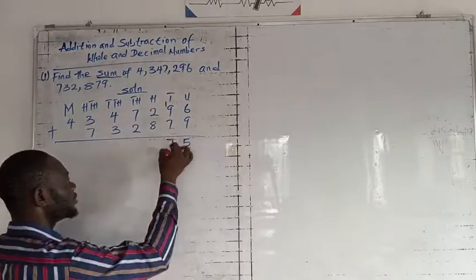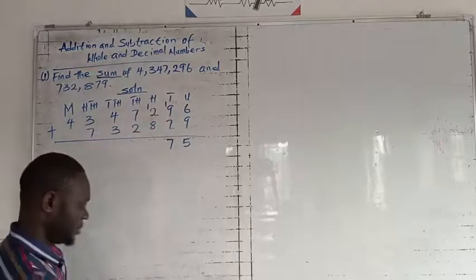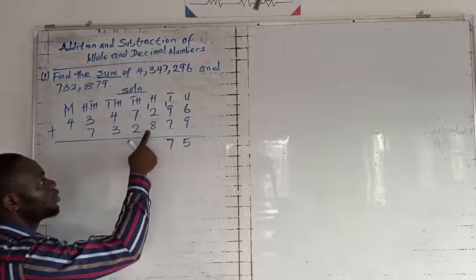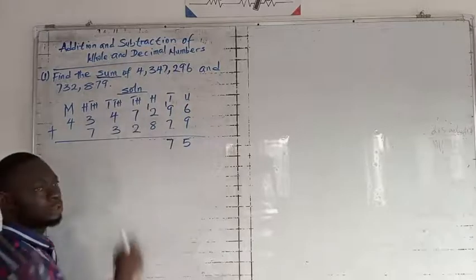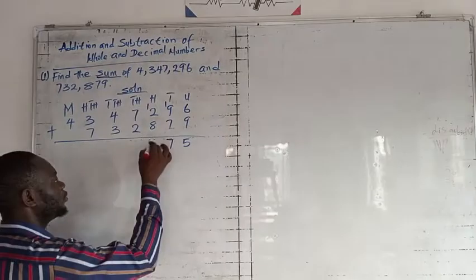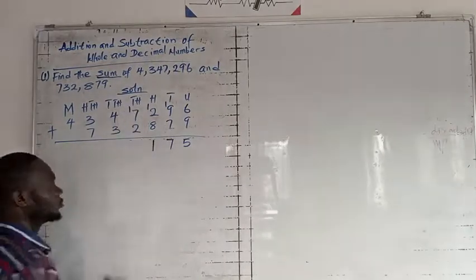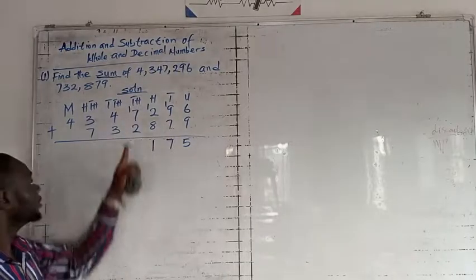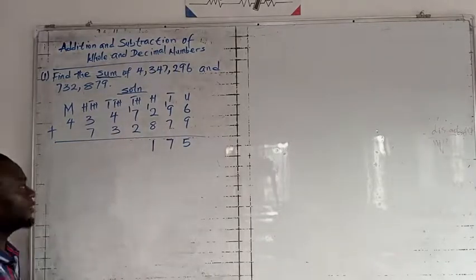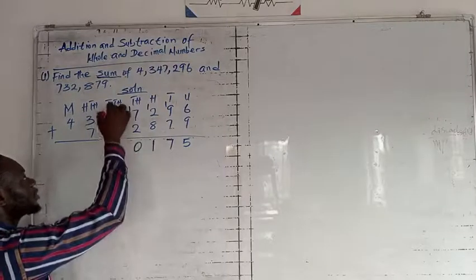So we write 7 and carry 1 again. 2 plus 8, 10. Plus 1, 11. We have 1, carry 1. 7 plus 2, 9. Plus 1, 10. So we have 0, carry 1.